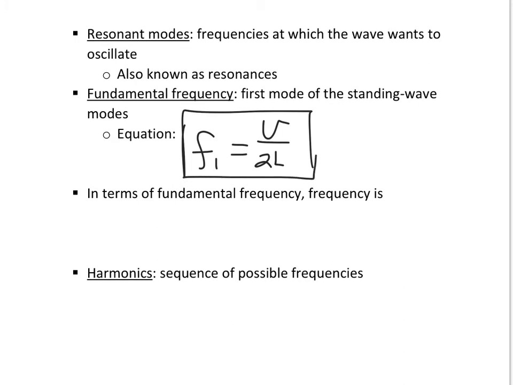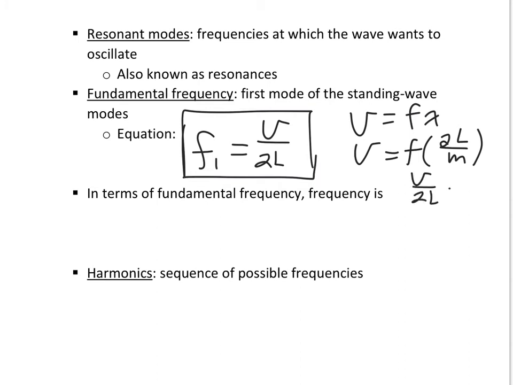Think of it this way. We know that speed equals f lambda. We know that lambda for a standing wave is equal to 2L over M. If M equals 1, V over 2L equals the frequency. So that's where this comes from. In terms of the fundamental frequency, if you have a mode that is not 1, the frequency of that mode is just equal to the number m times the fundamental frequency.